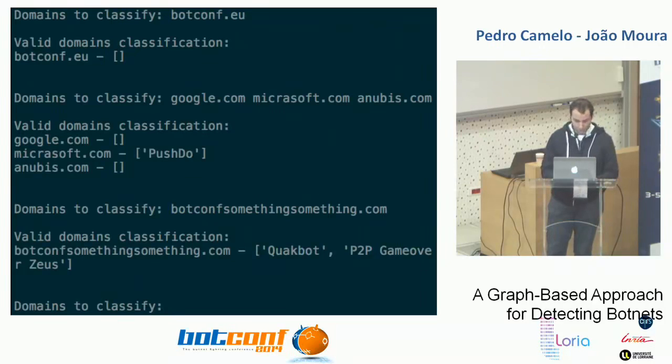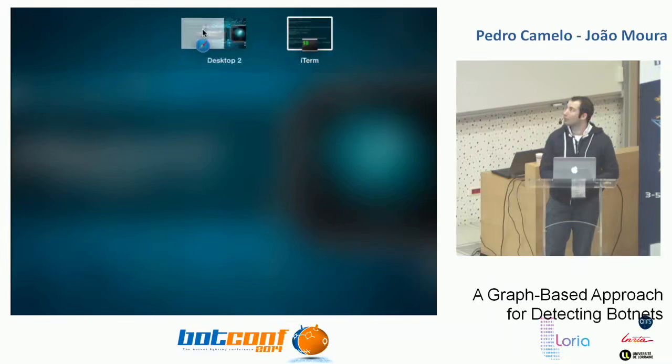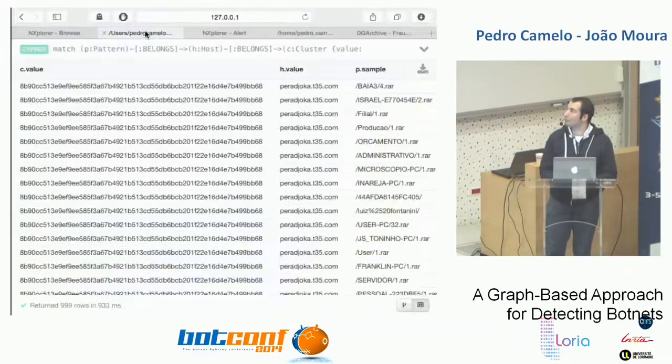So now this was the classifier part. The other part, the group part. I have here already a formed cluster where I only grouped things that are in the same cluster, and this was grouped through the neural network algorithm.